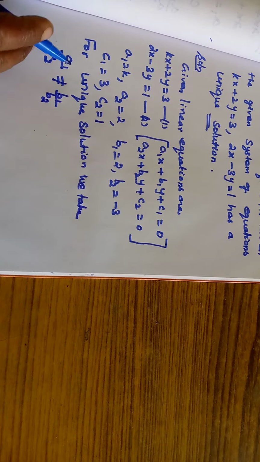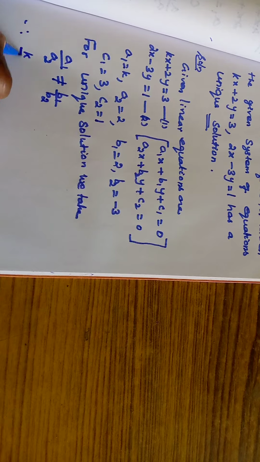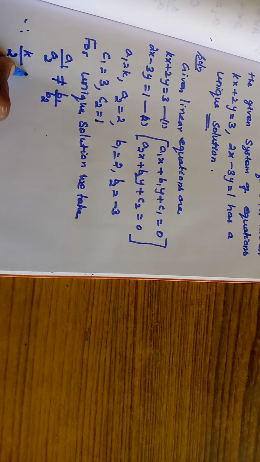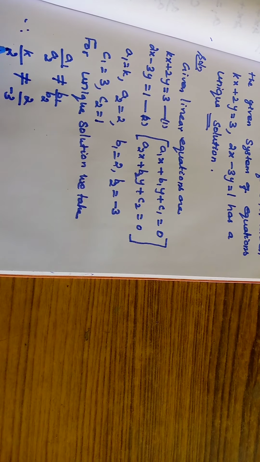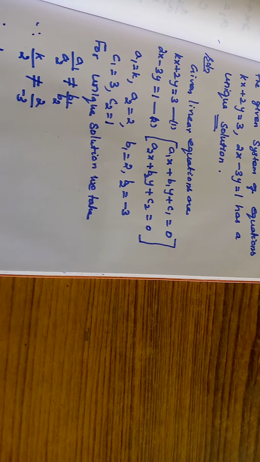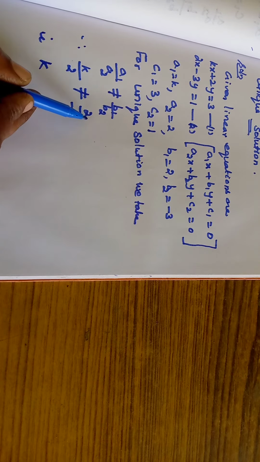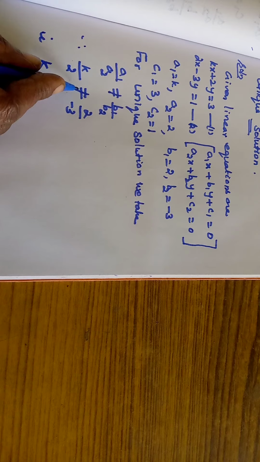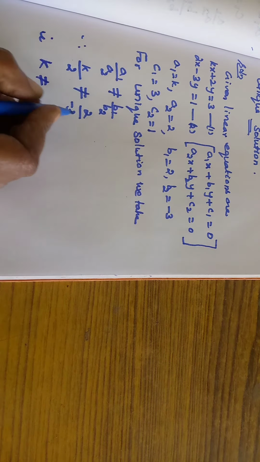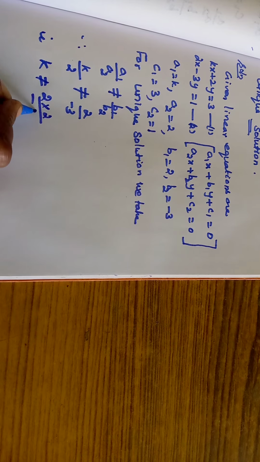Therefore, what is a1 here? k. What is a2 here? 2. k by 2 is not equal to, what is b1? 2. What is b2? Minus 3. That is, k by 2 is not equal to 2 by minus 3. From here, cross multiply. This 2 let us take to the other side. When we change the side, the division will become multiplication. k is not equal to 2 into 2 by minus 3.